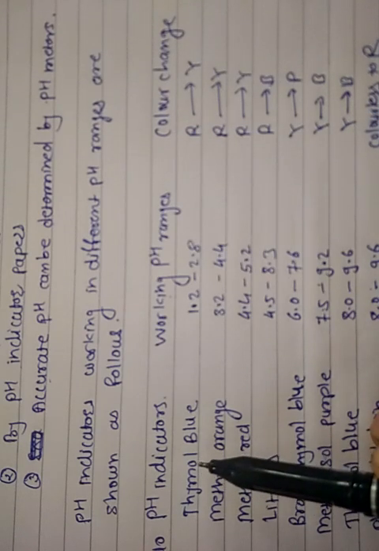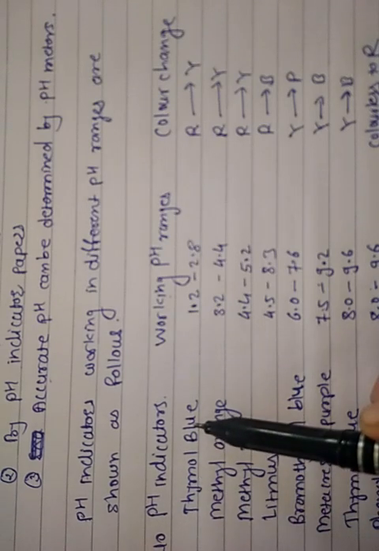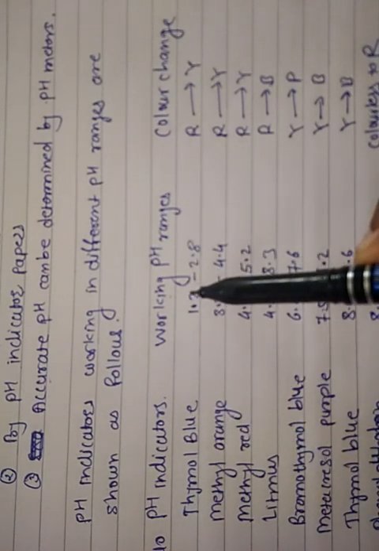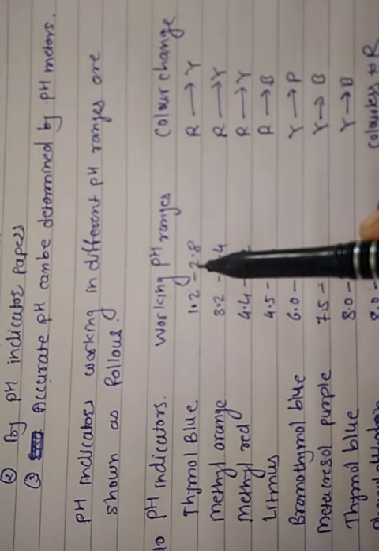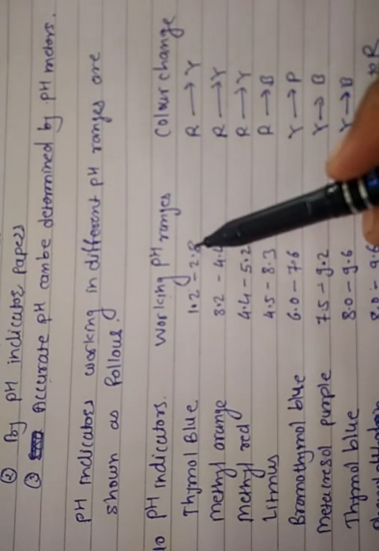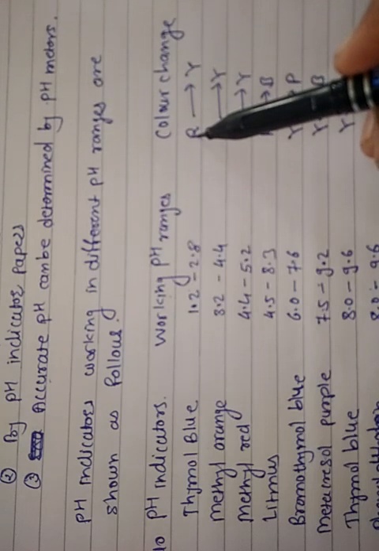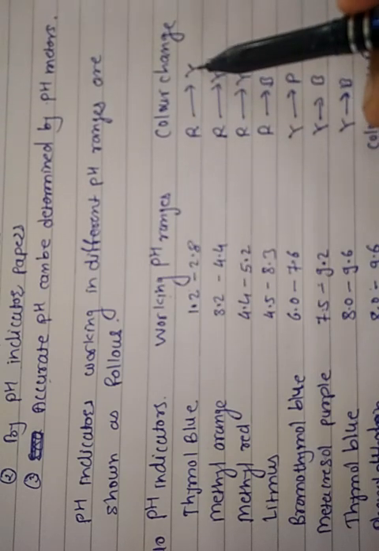If we see the examples, thymol blue, the working pH range is 1.2 to 2.8, and at this pH range it shows color change from red to yellow.